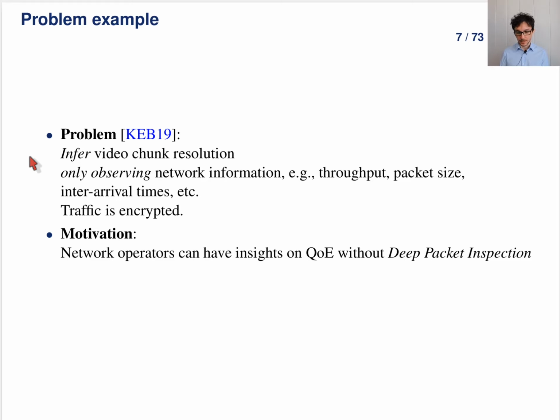So we have a set of bits and we don't understand what's inside these bits. Still, we want to be able to understand if users are consuming videos, and in this case what resolution they are getting.